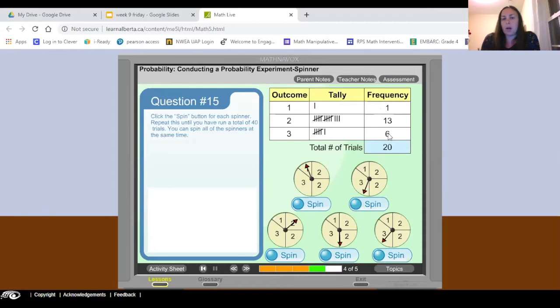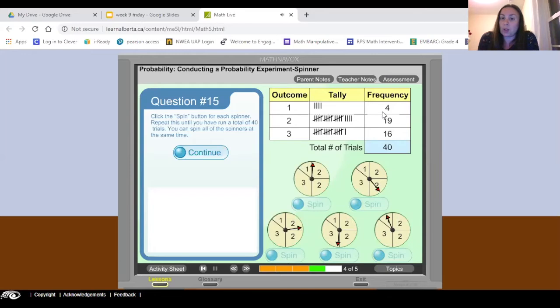So halfway, our prediction is true. 13 times we have spun the number 2. So let's see when we do the next 20 if 2 keeps the lead like we predicted. Kind of fun.